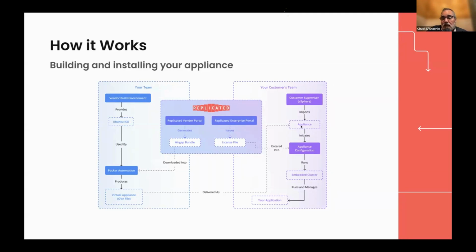They'll import the appliance, they'll initiate the configuration of the appliance. Once it's configured, it's going to start running. Once it starts to run, we have a job that runs with systemd that does the install. It checks to see if the embedded cluster has already been installed by looking for a file. And if that file is not there, it's going to run a shell script. That shell script is going to look at those properties that we entered.